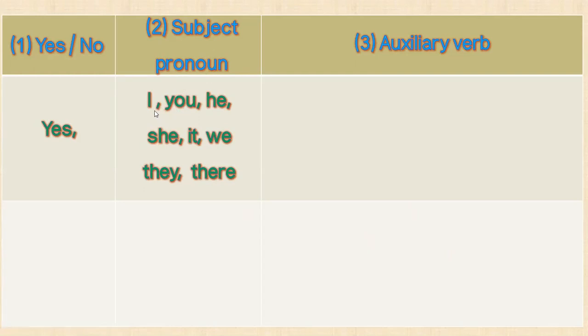I, you, he, she, it, we, they. Okay. In the short answer you are not allowed to use anything outside this table. You are only allowed to use I or you or he or she or it or we or they.